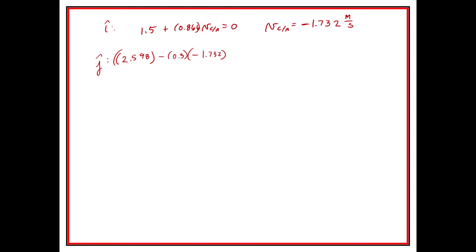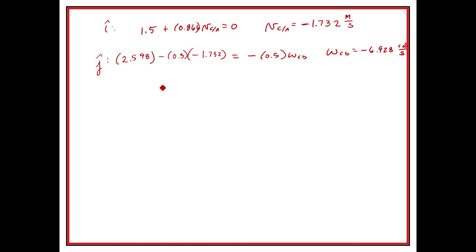And then it's going to equal the negative 0.5 omega CD. And we're able to find omega CD from that, which is negative 6.928 radians per second. And then we're able to solve their problem.